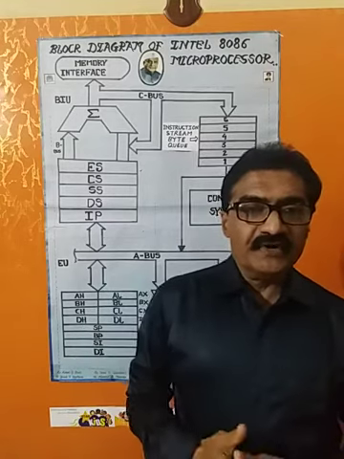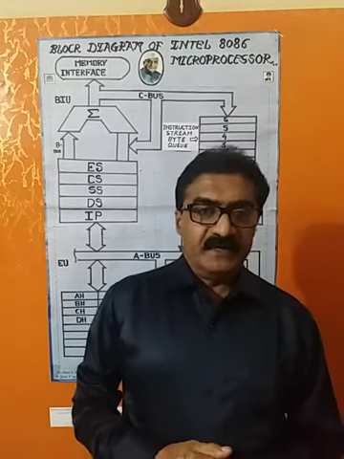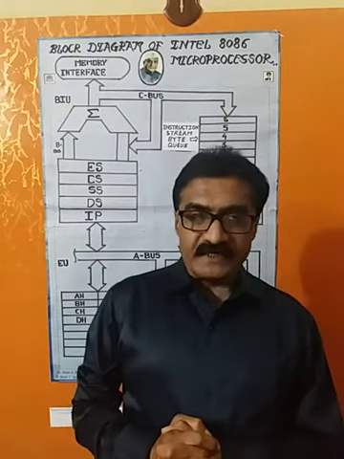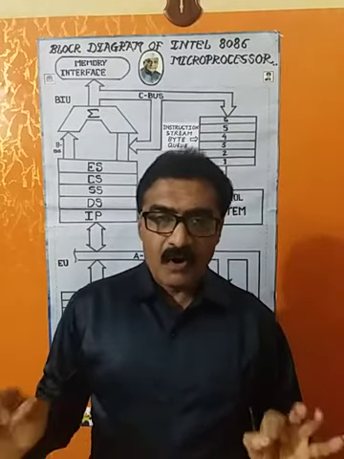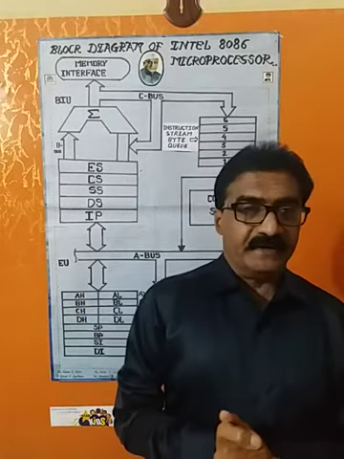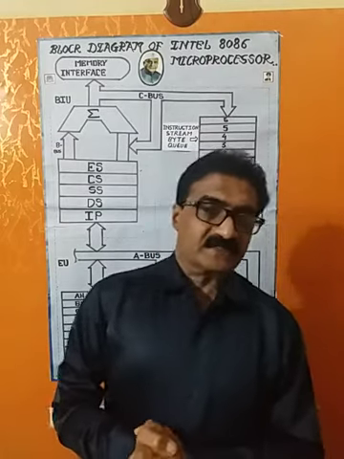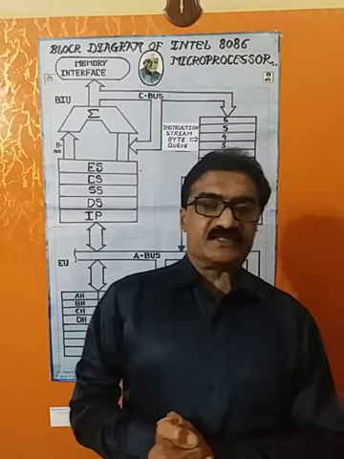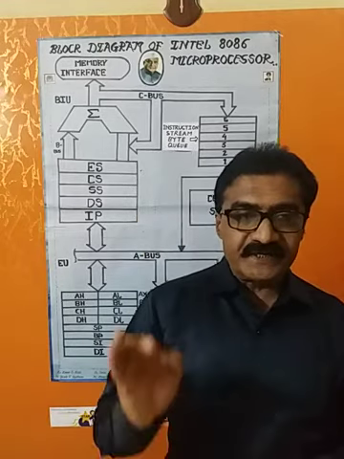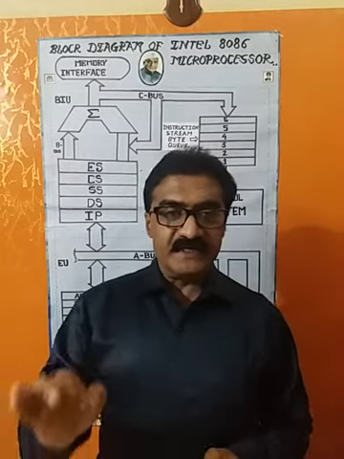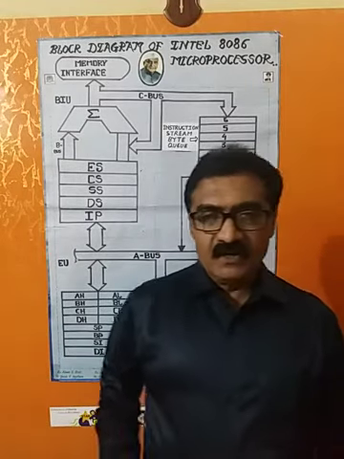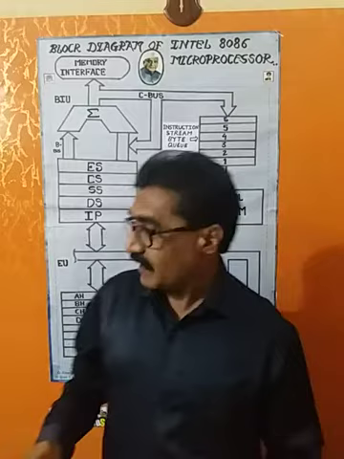It also reads data from ports and memory, and writes data into memory and ports. It relocates the address of operands, since it gets an unrelocated operand address. The EU tells the BIU, that is the execution unit tells the bus interface unit, from where to fetch instructions or to read data.